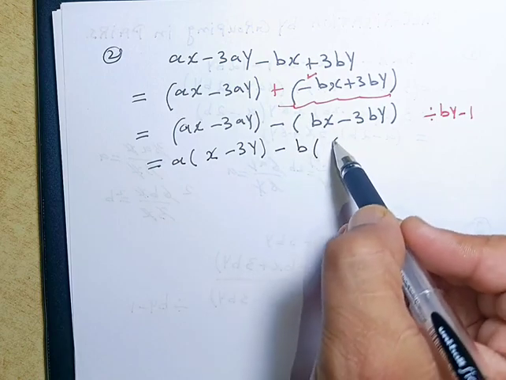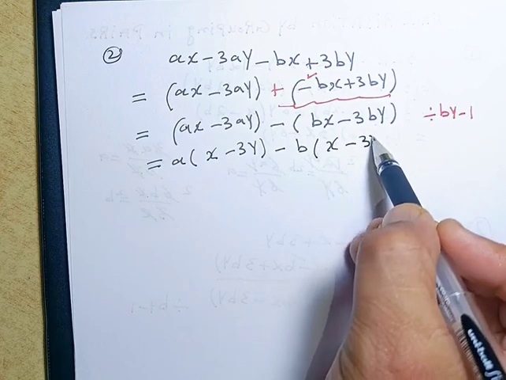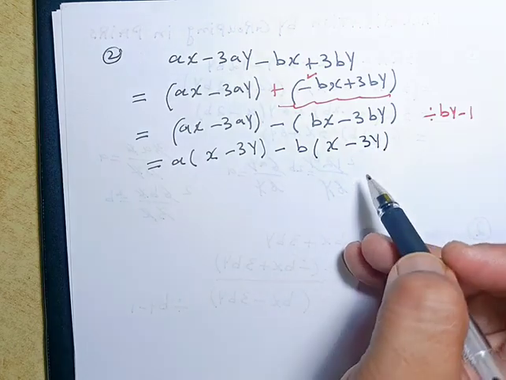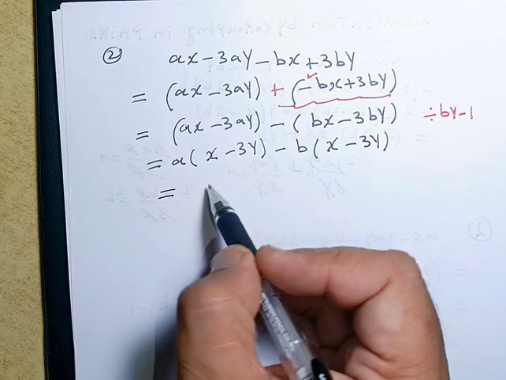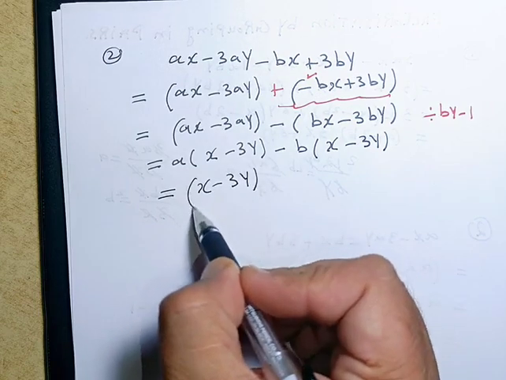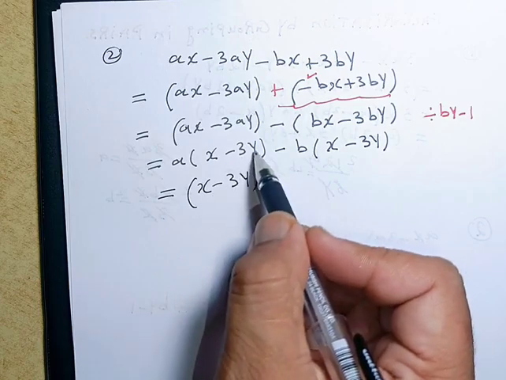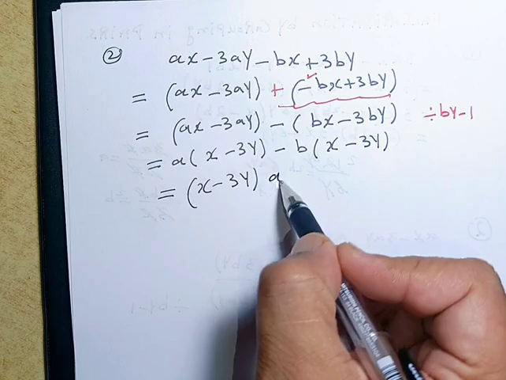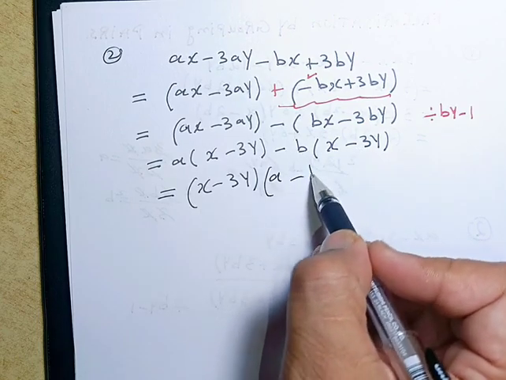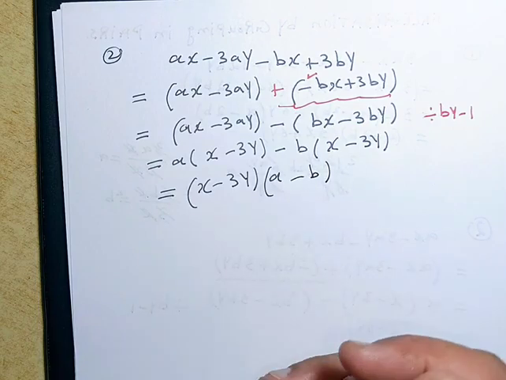What is left inside? x - 3y. Now take out the common bracket. So the common bracket is x - 3y. Out goes this x - 3y, what is left? The a. On this side x - 3y is out, what is left is the minus b. So this is my final answer.